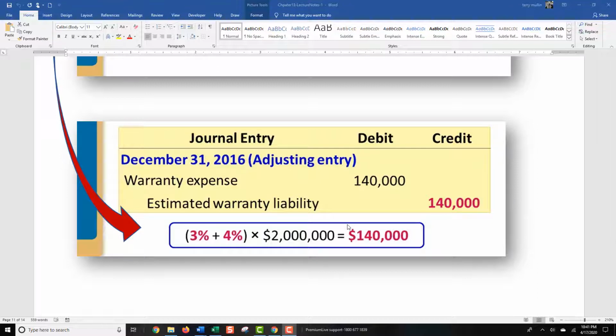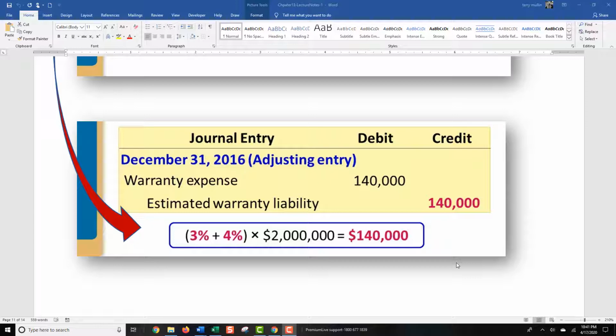What you would do then, like with your cell phone, when somebody brings it back, is debit the liability when somebody brings you back the product, and then you would credit either cash, if you give them their cash back, or inventory.